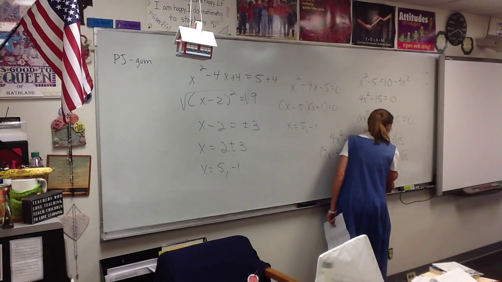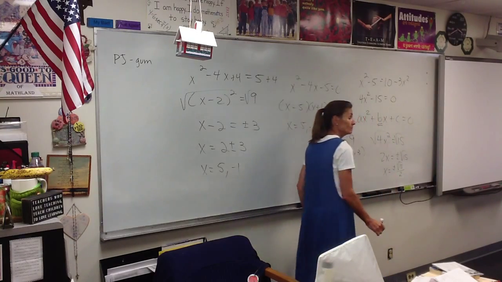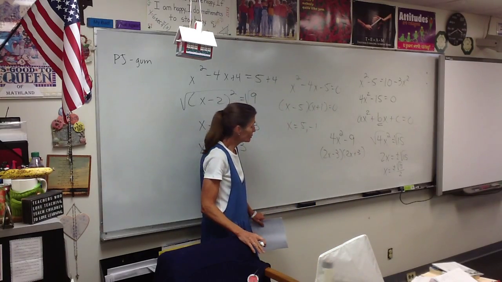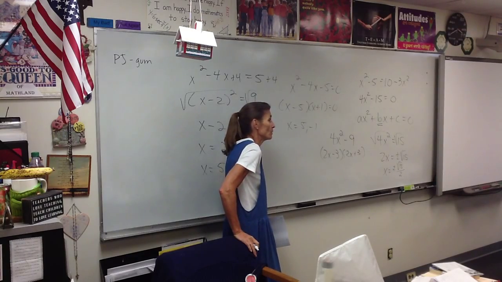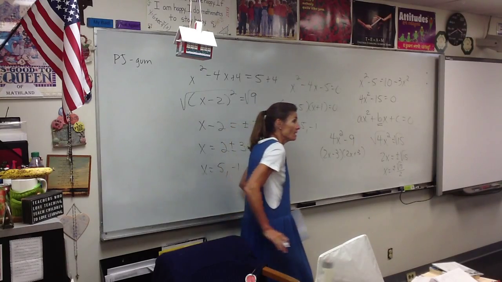So x equals plus or minus root 15 over 2. So that strategy will work. You could also absolutely use the quadratic formula if you wanted to. Anybody have any questions about that?